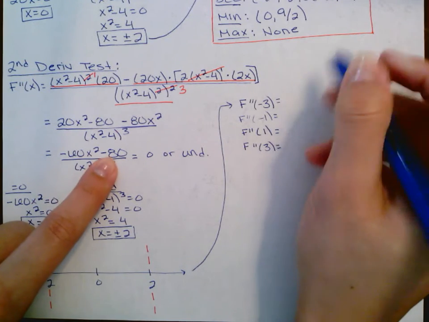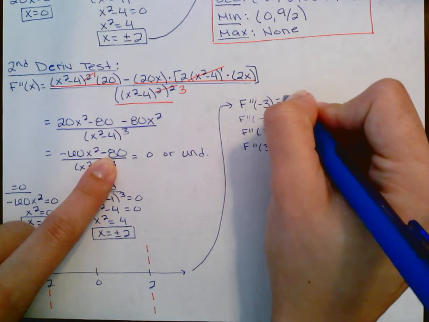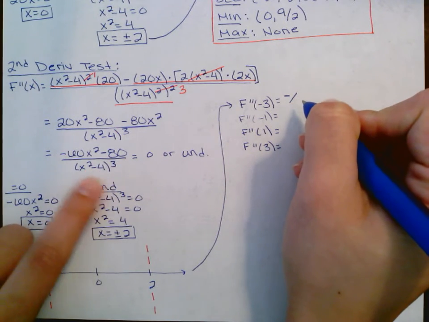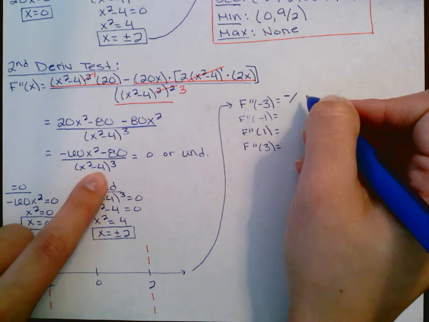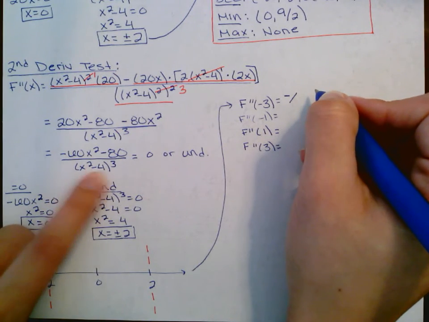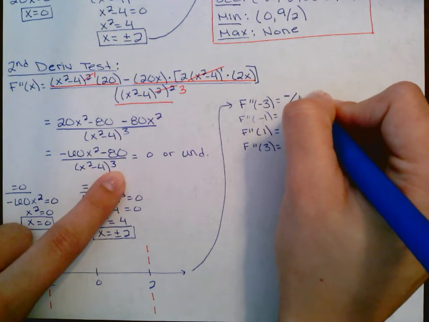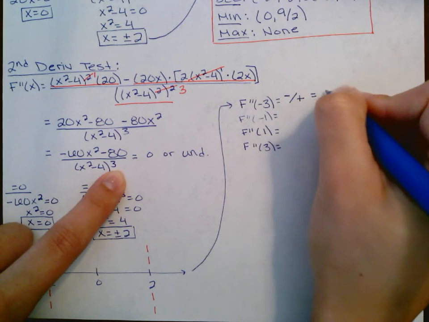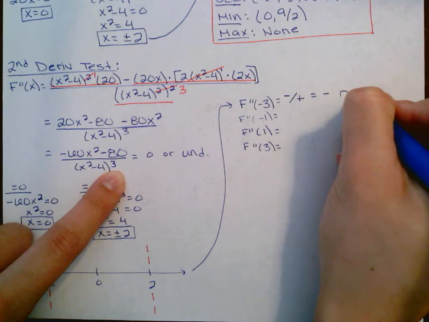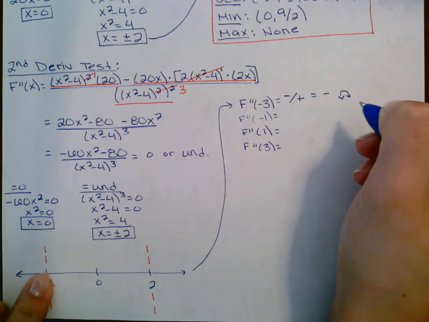A big negative minus more is going to stay negative. Okay? Divided by -3 squared is going to give me a +9 minus 4. It's going to give me a positive number, and a positive cubed will be positive. Okay? Negative divided by positive is negative, which is going to give me concave down.